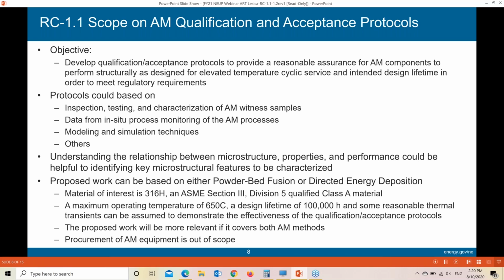Unlike traditional wrought metal components, where we just use tensile tests and a chemistry check to make sure they satisfy the specification, and we have an idea that the heat of material will perform at high temperatures and for an extended period of time in high temperature reactor operations, for AM components there are a lot of things that we don't know.